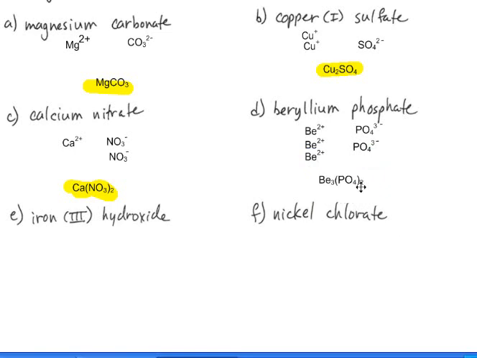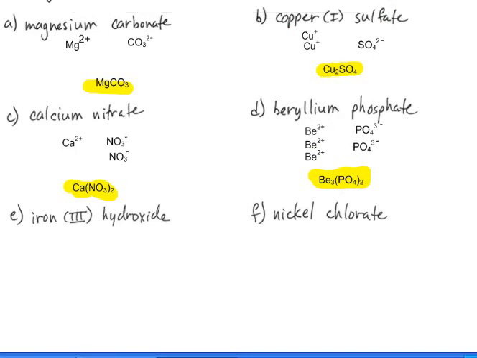What's immediately before it? We have the phosphate group. So 3 beryllium, Be3. 2 phosphate, PO4, with the 2 on the outside, and then that is the formula for beryllium phosphate.